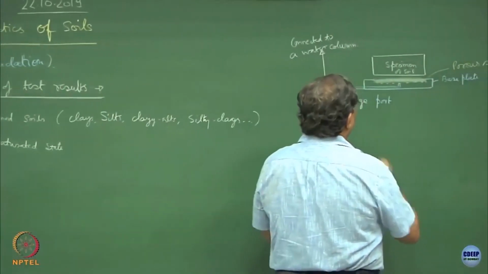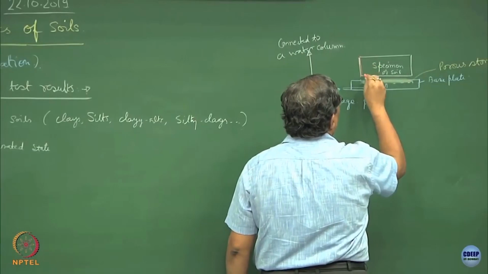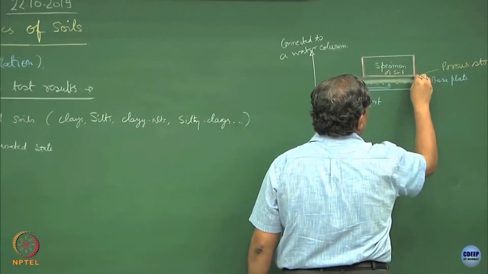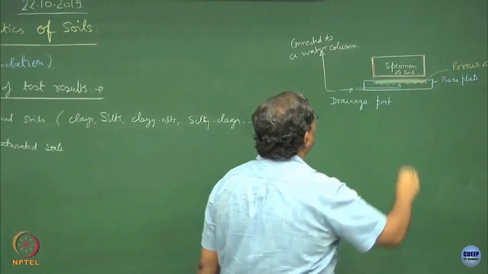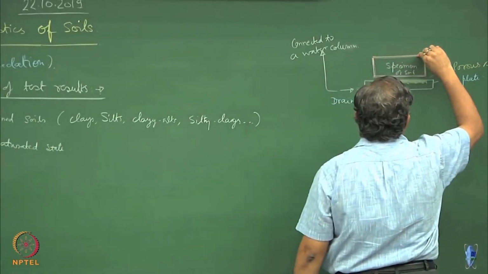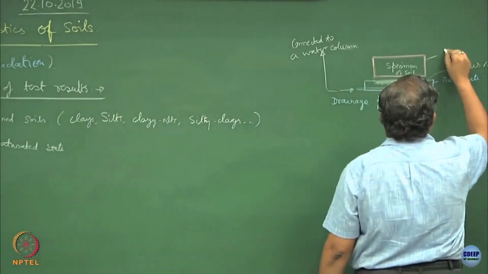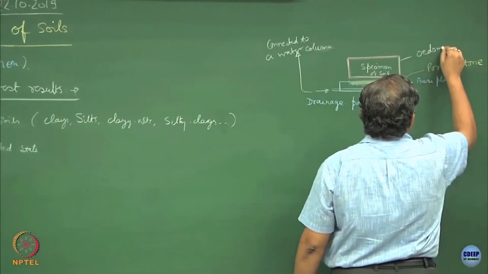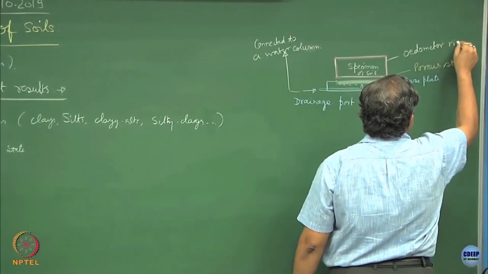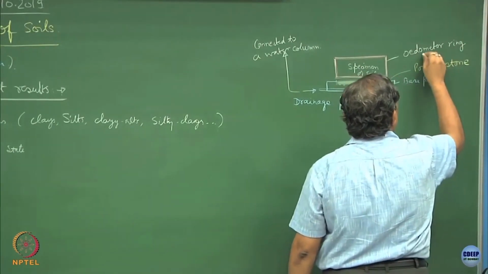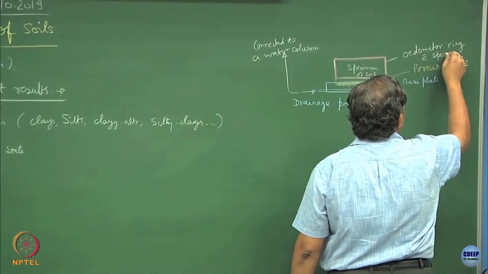So, if I show you the ring like this, this is the oedometer ring with a specimen of the soil mass.